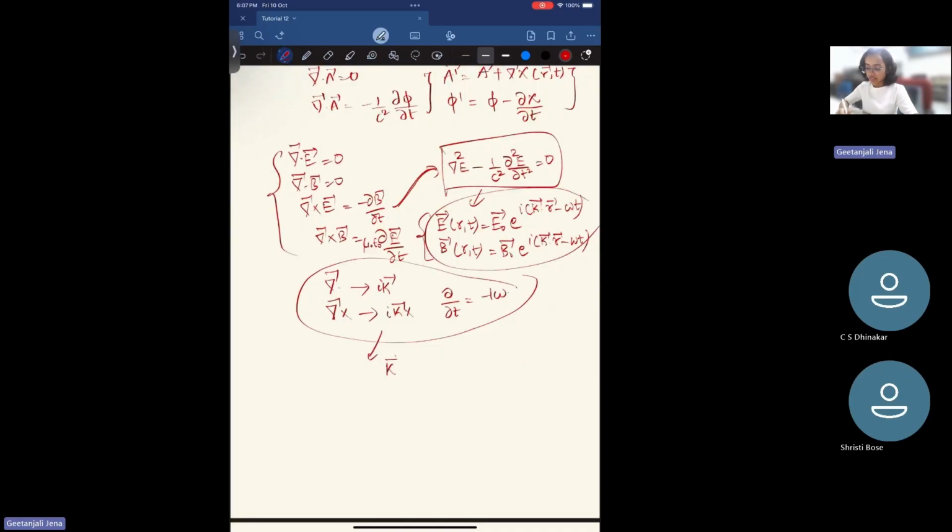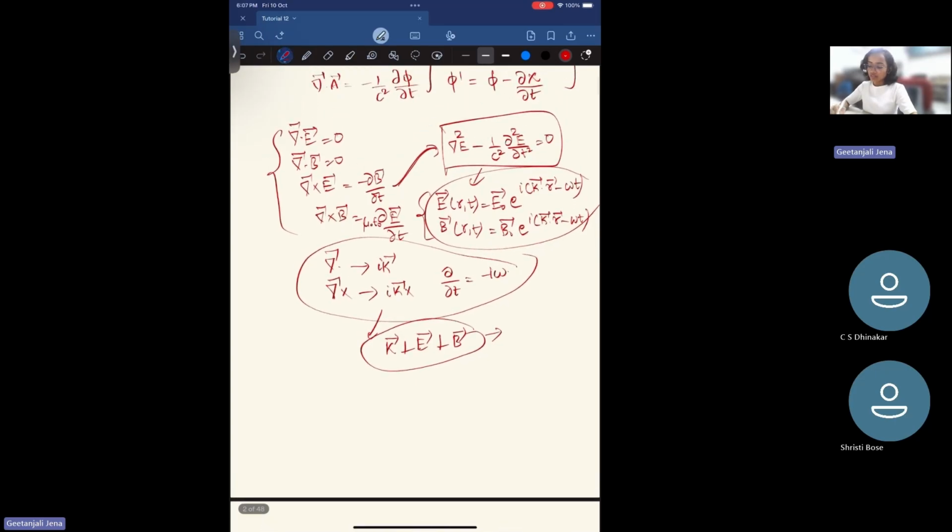Using this, you find that the k vector, which is the propagation vector, is perpendicular to both E and B. So these are all mutually perpendicular, and we call it a transverse electromagnetic wave. For this wave, you can also find the energy density.